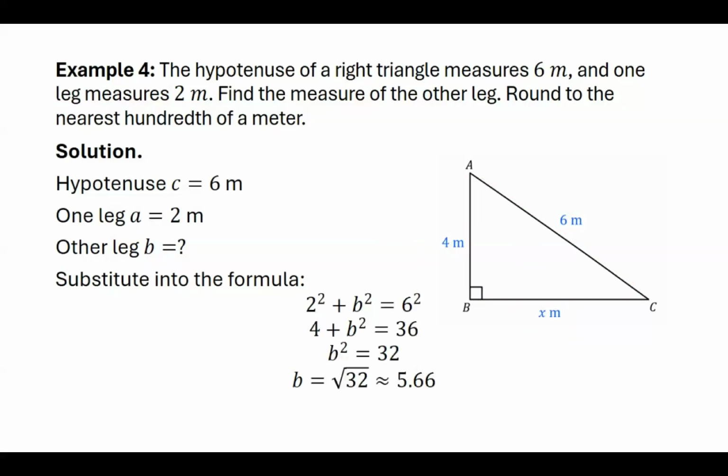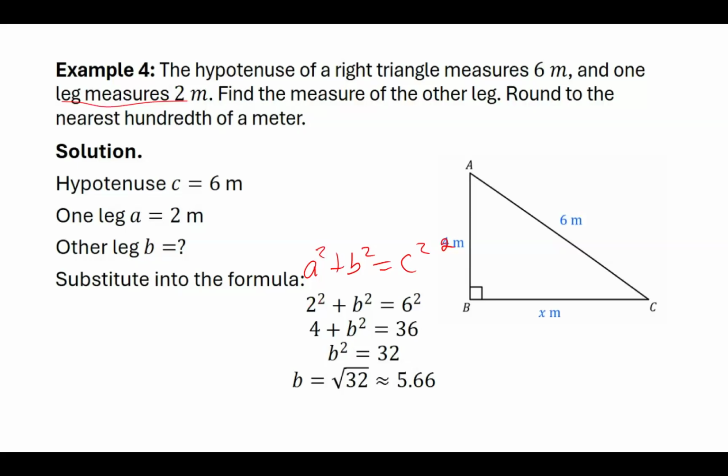My formula is A squared plus B squared equals C squared. That's the Pythagoras theorem. Did I do this incorrectly? On the picture, yes. Now I realize this is 2, because the leg measures 2.